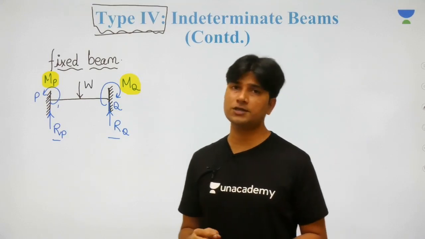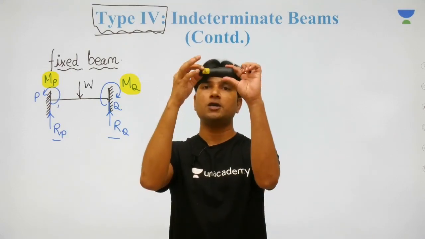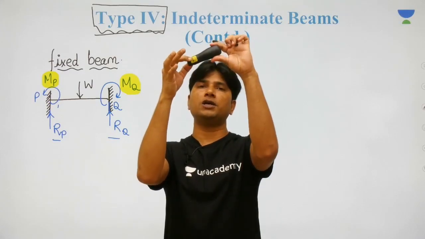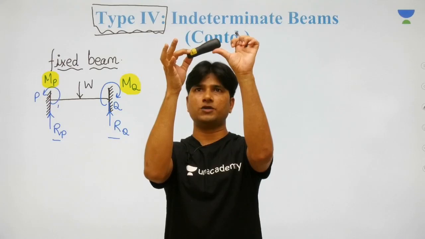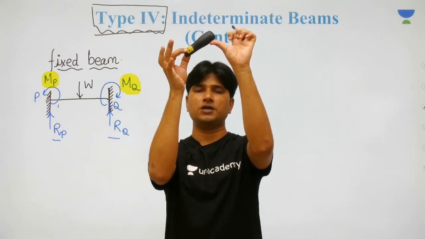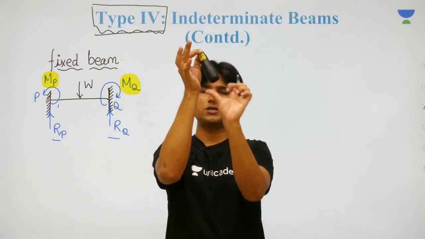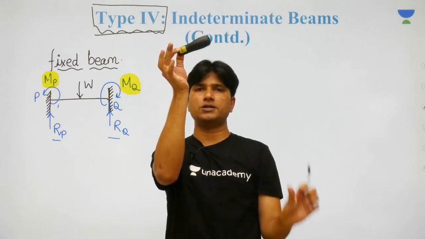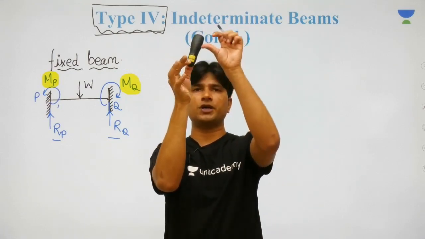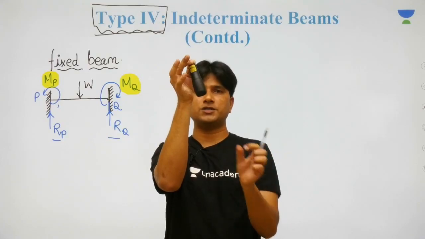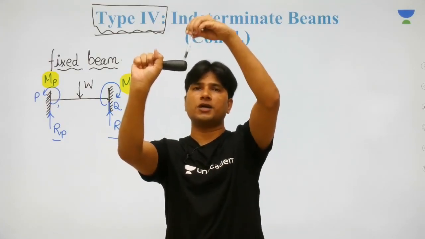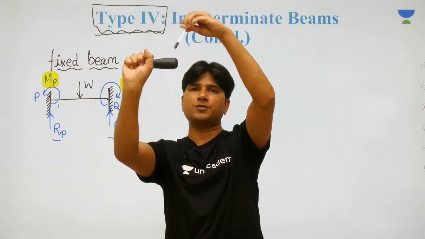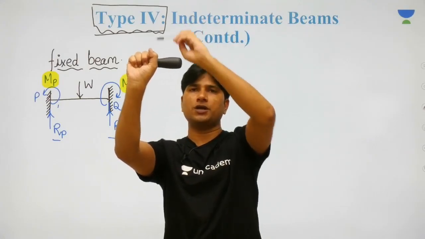If it is a hinge, it is not going to resist the moment. If you are supporting something at a hinge, then, my dear friends, the body is going to rotate like this about the hinge. But about a fixed support, no matter what load is acting on the beam, it's not going to rotate anymore.